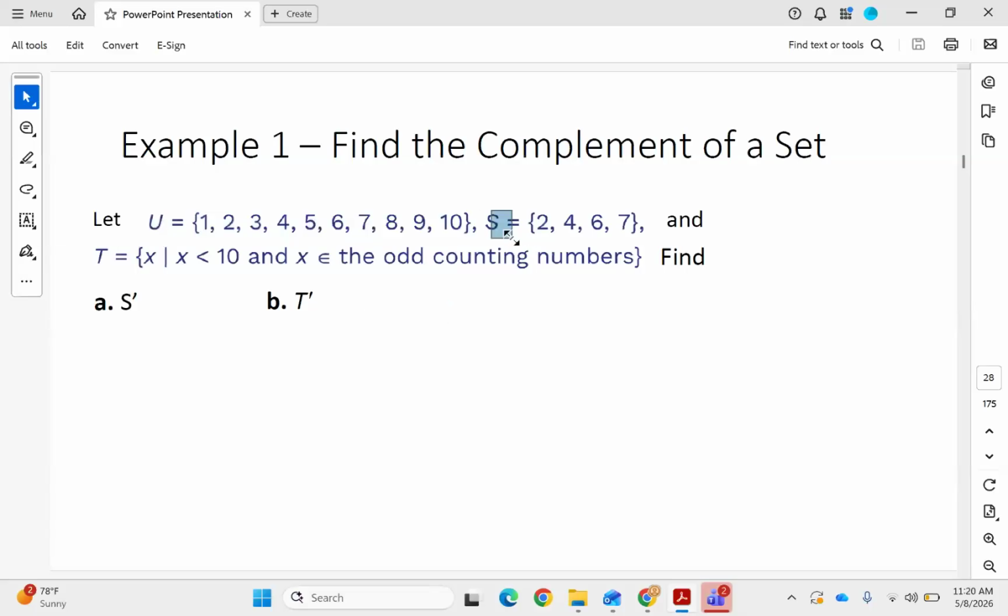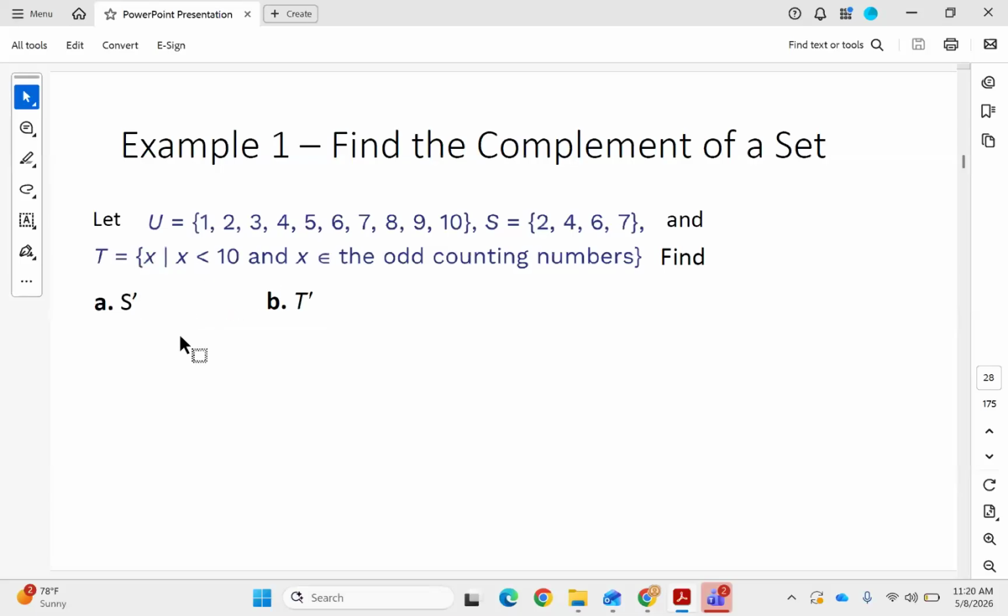And so we have a set called S, and it contains 2, 4, 6, and 7. And we have another set T, which is actually represented in a different way. The name of it is escaping me. I think it's called set builder notation.